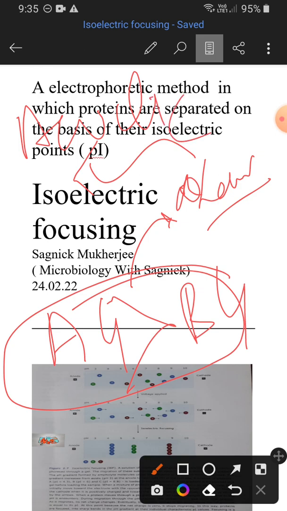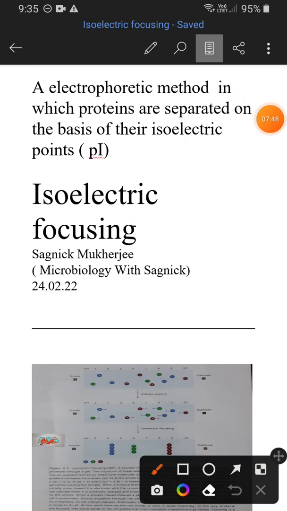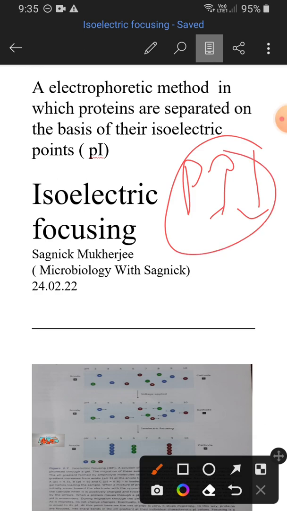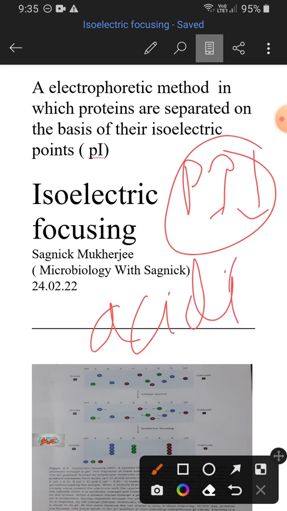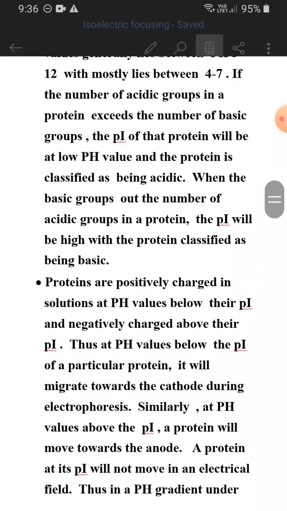Again I am repeating, suppose your protein contains 3 COOH groups and 2 NH3 groups, that means acidic group is greater than the basic group, so your protein's pi will be low, and in turn your protein will be regarded as an acidic protein.